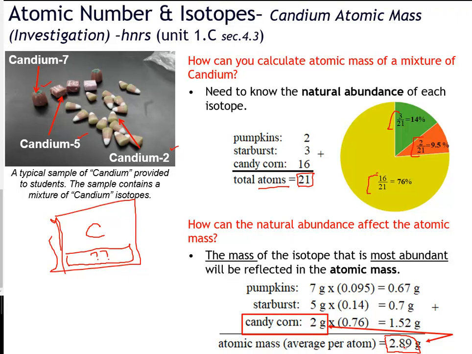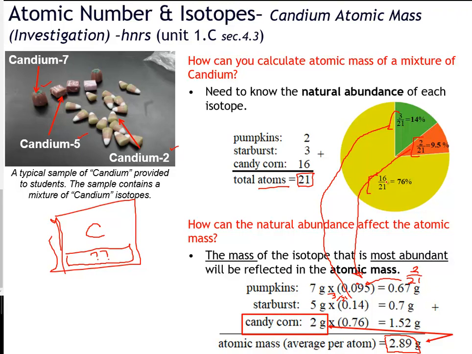So how did I get that 2.89? What we want to do is multiply the mass by this relative abundance. And how do we get this number here? Well, this number is essentially the fraction above. When you get 2 over 21, you get that decimal number. For the starburst, that is 3 over 21, which gives you that decimal number.